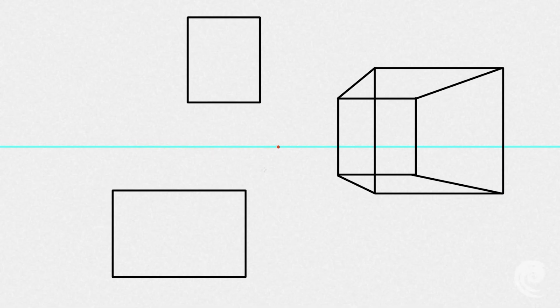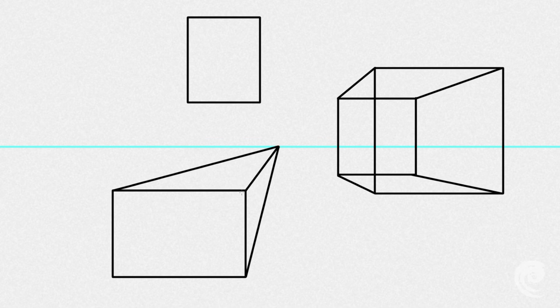And I'm just going to show more examples of these boxes. I will also show examples of boxes that are solid. So again, we're going to connect all corners. I'm not going to connect this corner though, because if we imagine this box is solid, you can't see through this front face. So you wouldn't be able to see this back corner here. So I'm just not going to draw it.